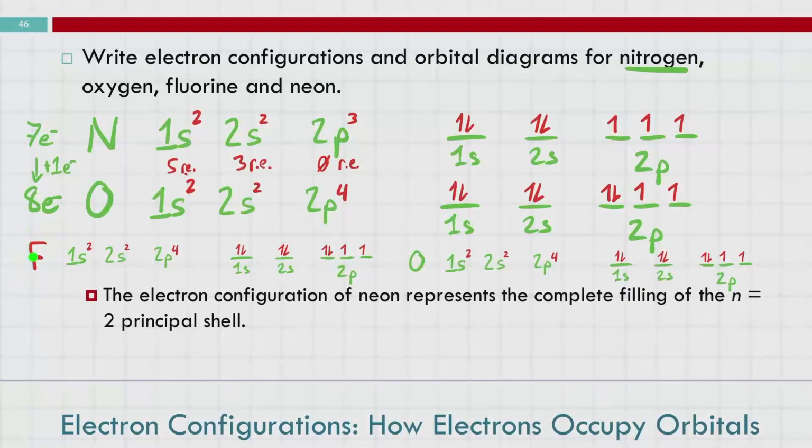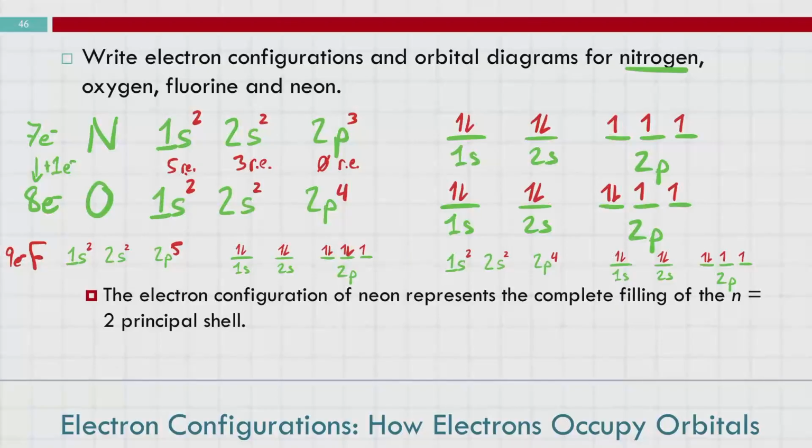So for fluorine, we've, again, just added 1 to this 8 electrons. If we look at a periodic table, you can also see that it's 9 electrons. So 9 electrons, we have to add 1. We can put that into P. So it's 2p5. And then that's reflected in our orbital diagram. We're going to add in 1 more electron. That's going to be another down.